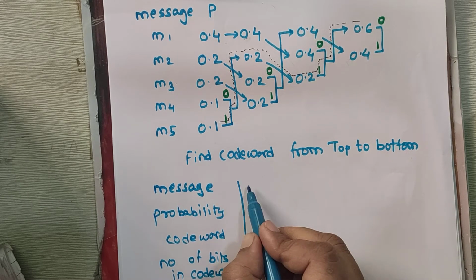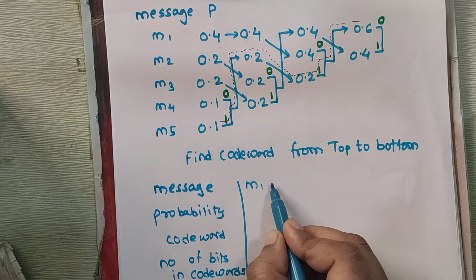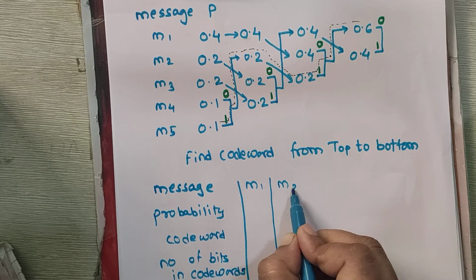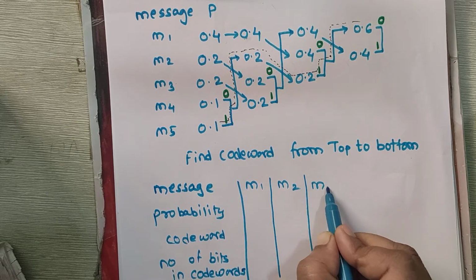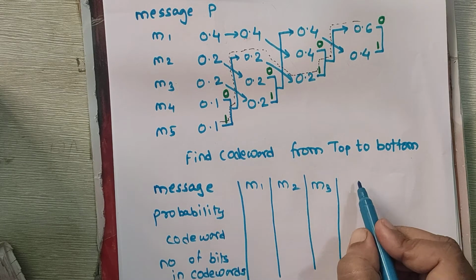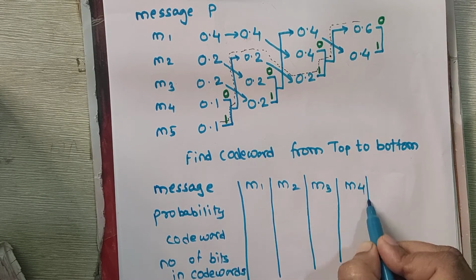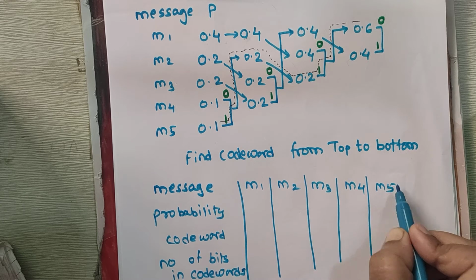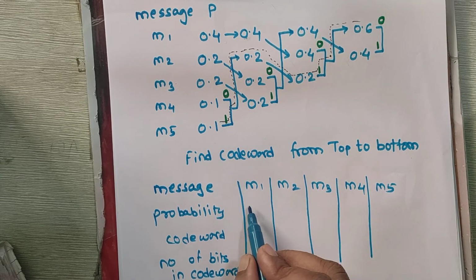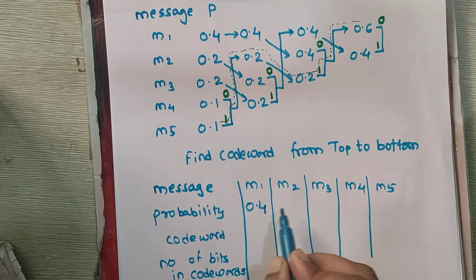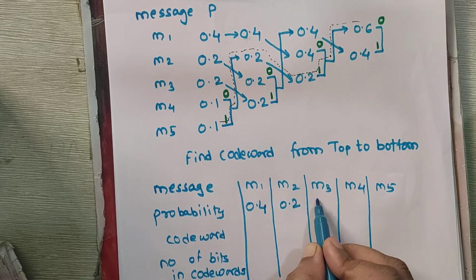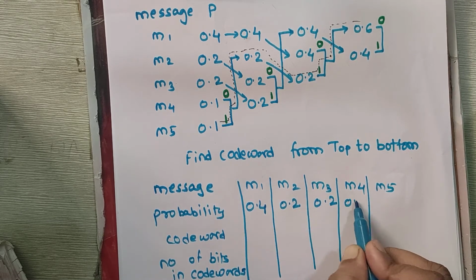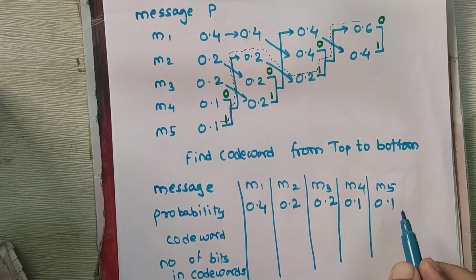The messages are M1, M2, M3, M4 and M5, whose corresponding probabilities given in the numerical are 0.4, 0.2, 0.2, 0.1, 0.1.